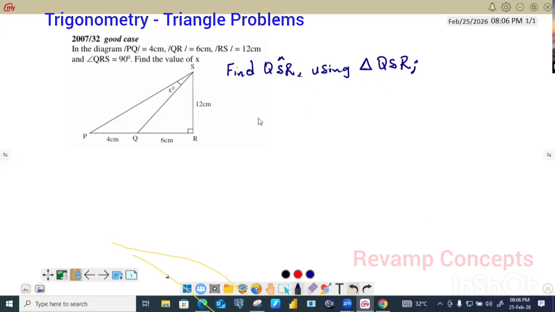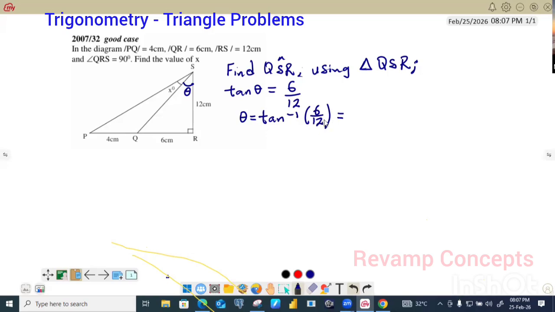Triangle QSR is also a right angle triangle. So for angle QSR, if this place is angle QSR, it means 6 centimeters will be the opposite and 12 will be the adjacent. So tan of this theta will be equal to opposite over adjacent. So theta will become tan inverse of 6 over 12.